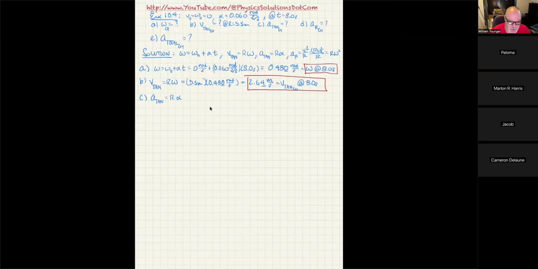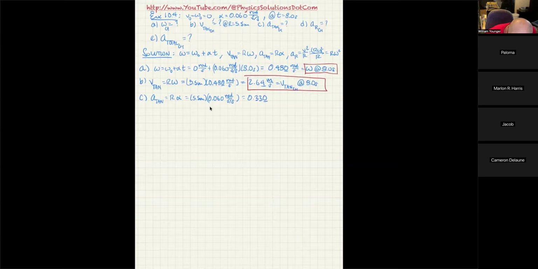So with that in mind, all I'm going to do is take A tan equals R times alpha. The R is 5.5 meters. The alpha, as best we can tell, is 0.060 radians per second squared. So from that, you see we're going to get meters per second squared for the units, and 5.5 times 0.060 gives me 0.33.